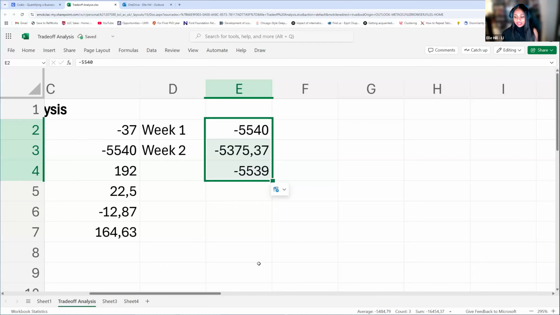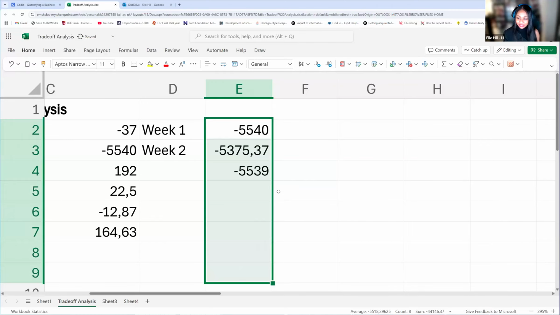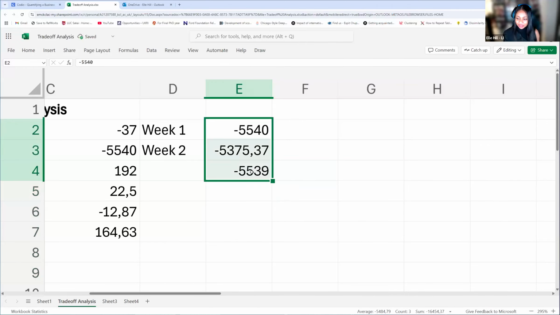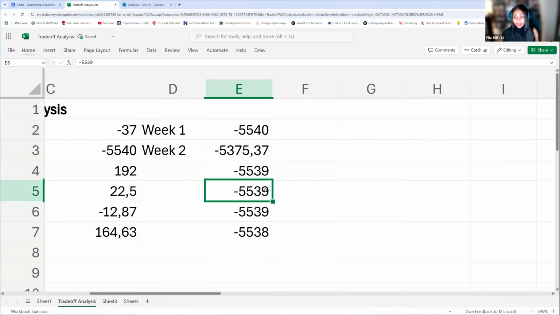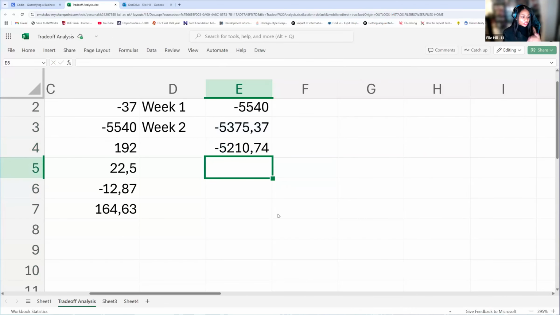Let me autofill. I don't know why it's not happy, but it did it for a little bit. We're going to keep adding this 164. So I'm going to take this new cell, and it's going to be this plus 164. And we're going to keep reducing and reducing until we get to a break-even point.